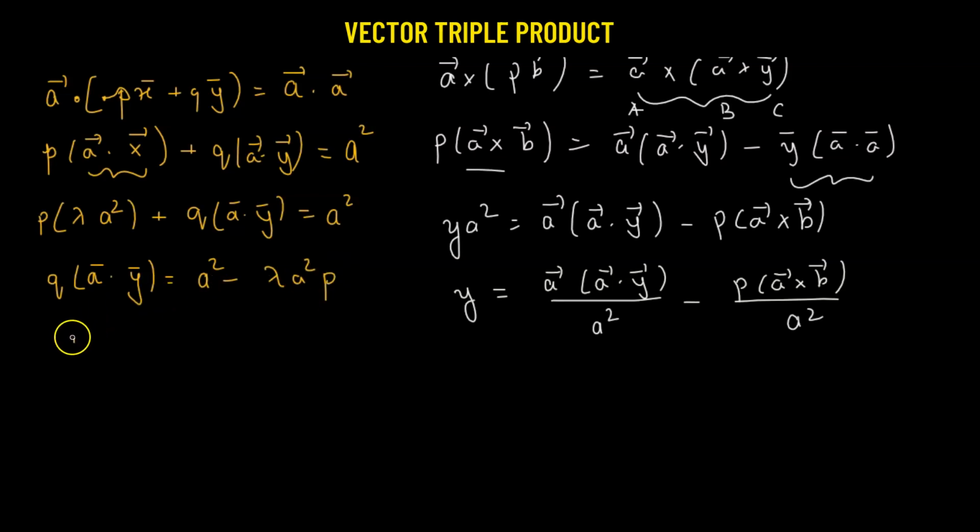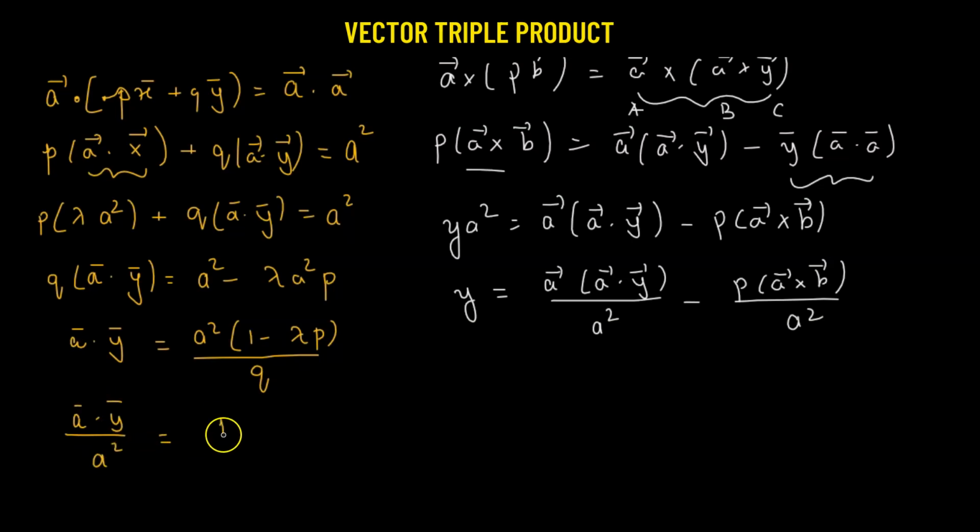So a vector dotted with y vector equals a squared times 1 minus lambda p, whole divided by q. Again, we can divide both sides by a squared, so a vector dotted with y vector, whole divided by a squared, equals 1 minus lambda p, whole divided by q.